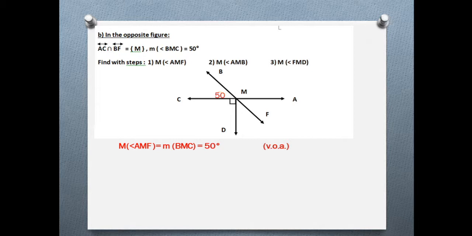Second one, he wants the measure of angle AMB. We have a straight line AC, so you can find two supplementary angles. AMB equals 180 minus 50 equals 130.